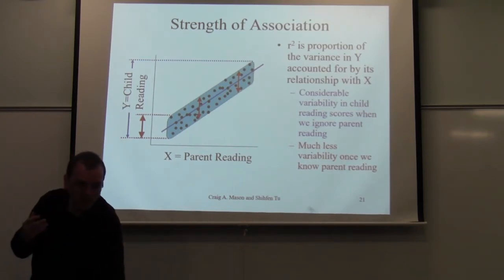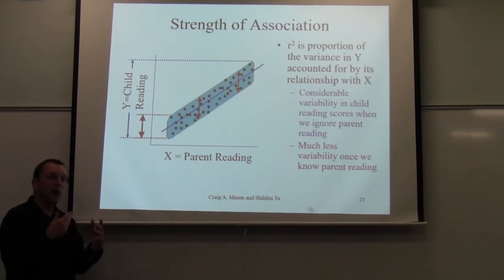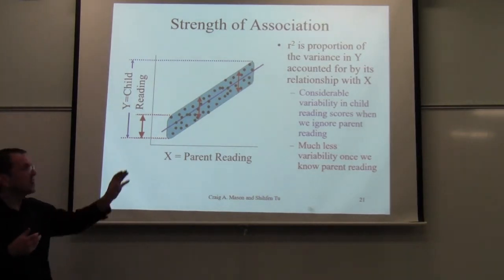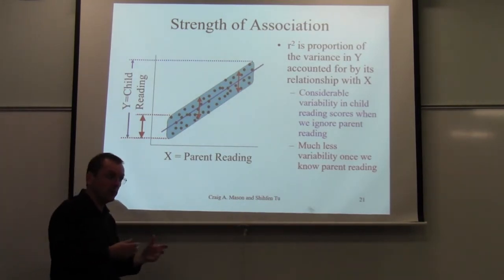So we use correlation to describe that relation. But where we'll use the concept a lot is R squared, when you square the correlation coefficient.